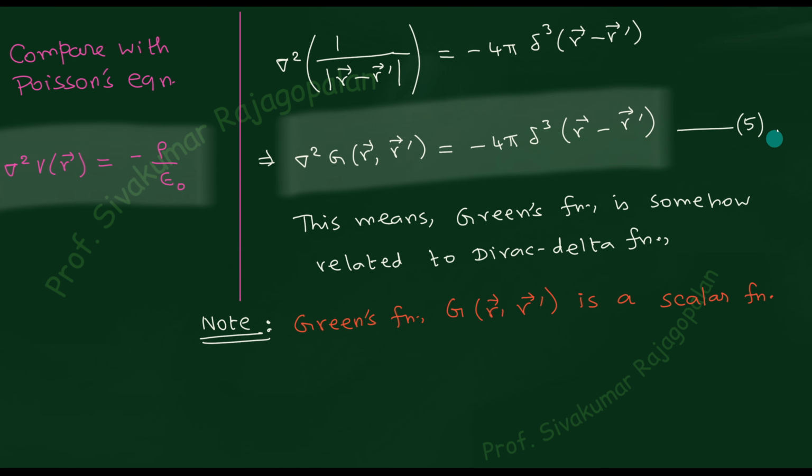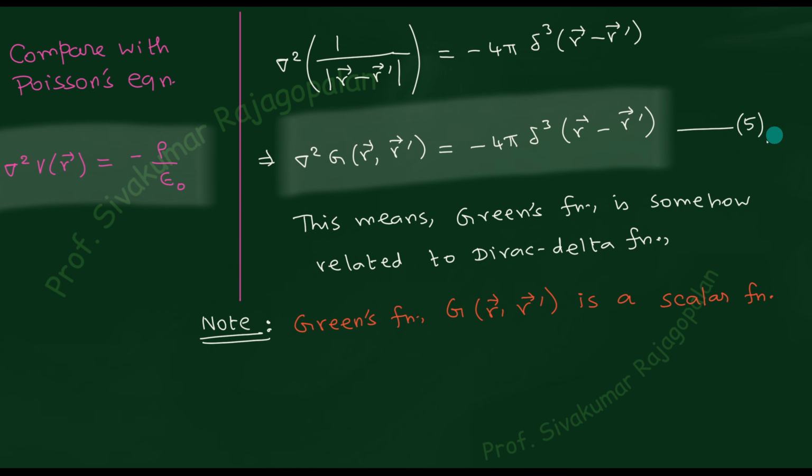Equation number 5 is the intermediate step in the solution of a particular differential equation. So please remember this general procedure: remove the unknown quantity and put a G. We do not know what G is, that is a point to be noted. And then on the right hand side you keep a delta function and solve this equation.